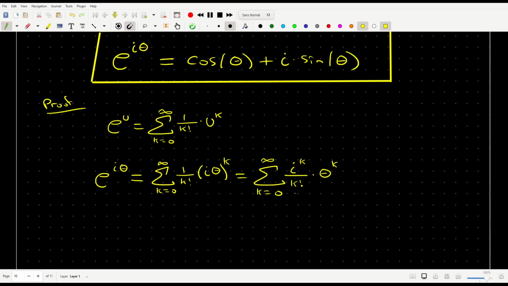And this is where the magic happens when we consider what i to the k is for various values of k.